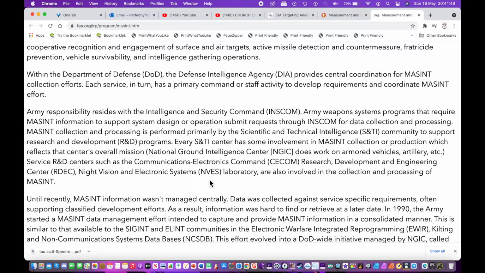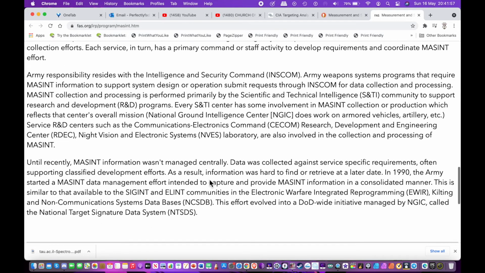Every S&TI center has some involvement in MASINT collection or production, which reflects that center's overall mission. National Ground Intelligence Center (NGIC) does work on armored vehicles, artillery, etc. Wow.